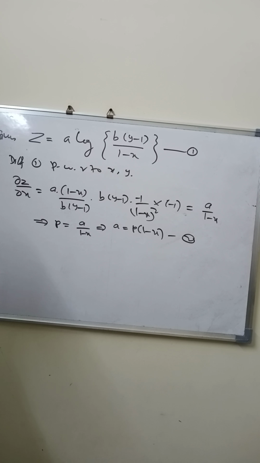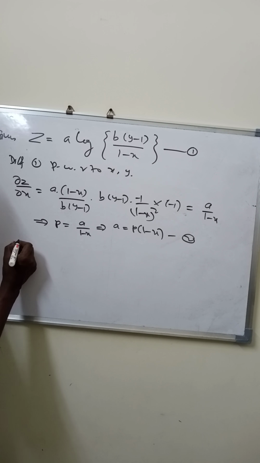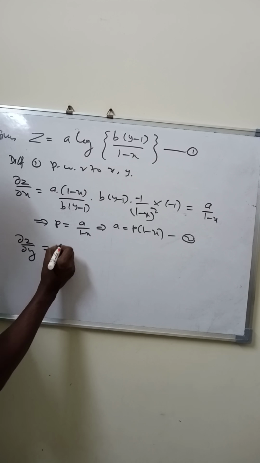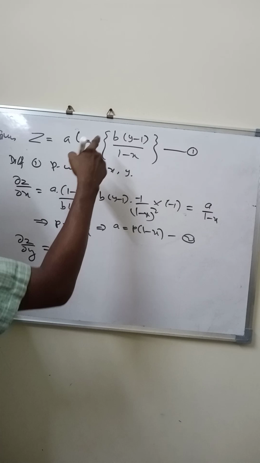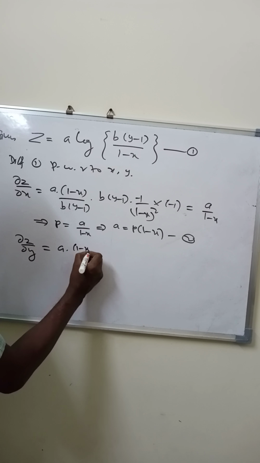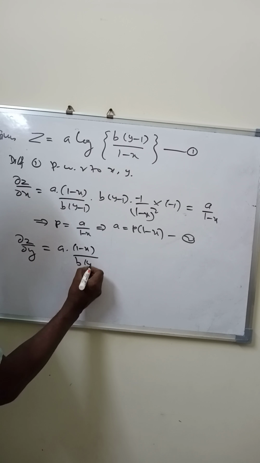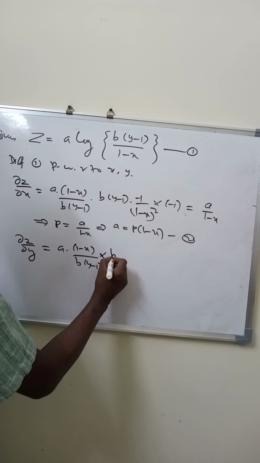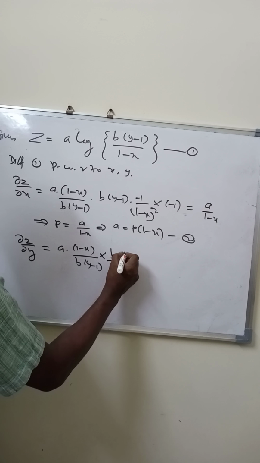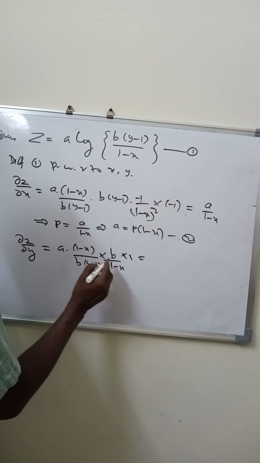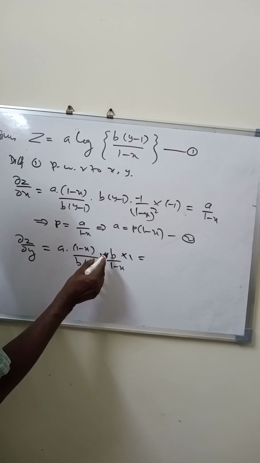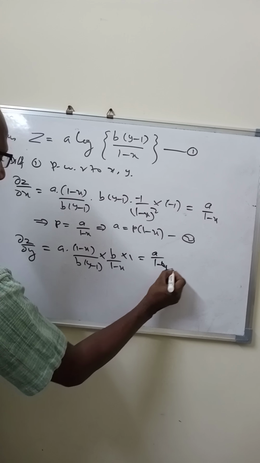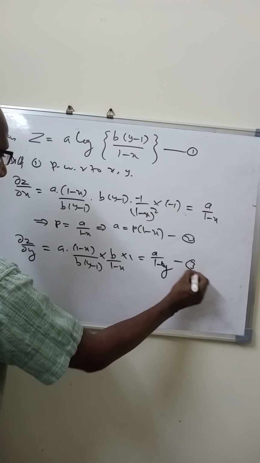Again differentiate 1 partially with respect to y, that is ∂z/∂y is equal to a into 1 by the log argument, that is (1 minus x) by b(y minus 1), into b by (1 minus x) into 1. 1 minus x will be cancelled, b will be cancelled, that is a by (y minus 1), equation number 3.